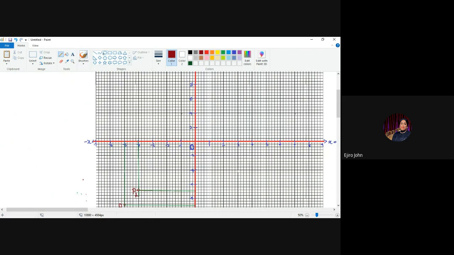So I'm going to use a circle to locate it. -3 -5. -5 is midway between -4 and -6. So that is the point. P3.